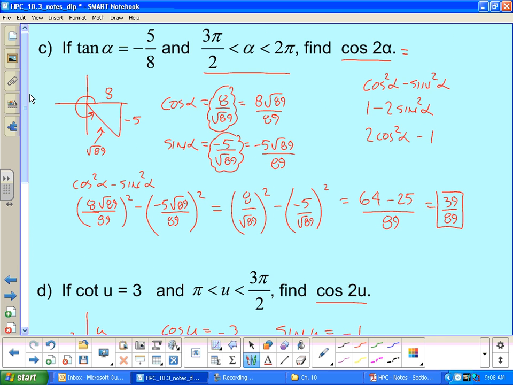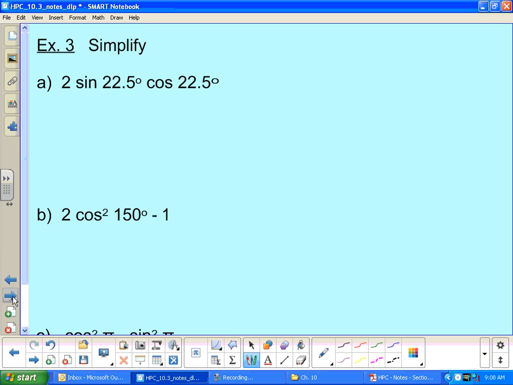All right. Moving on. More simplifying, rewriting what I have here. So again, I'm recognizing that this setup here is a double angle sine. So I'm going to have sine of 2 times this angle alpha.